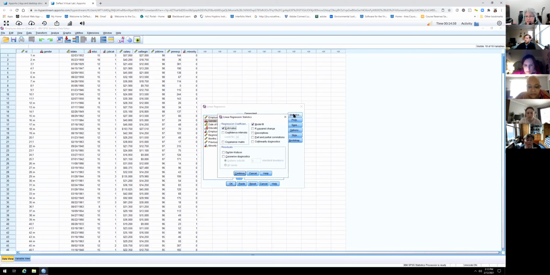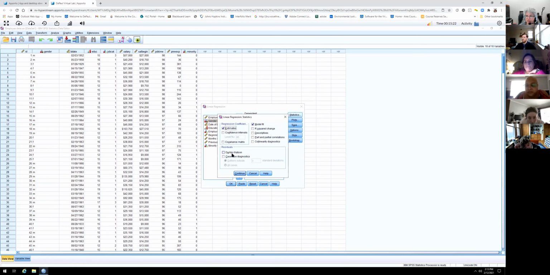Go over to Statistics, and it's already set up for you. Because you're probably going into it for the first time, make sure that regression coefficient estimates is clicked and make sure the model fit is clicked. Remember in the lecture, we talked about problems with using regression.